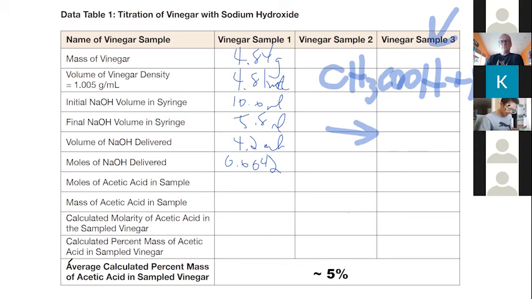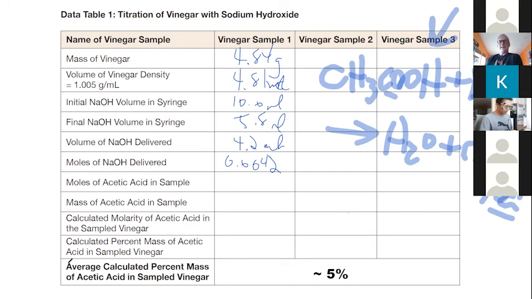Products will be water and CH3COO, acetate, plus sodium. So sodium acetate, right. And that is a balanced equation. I have 1 mole of sodium, I have 1 mole of acetate. So that's a balanced equation.